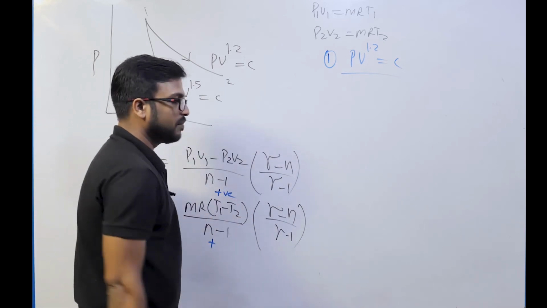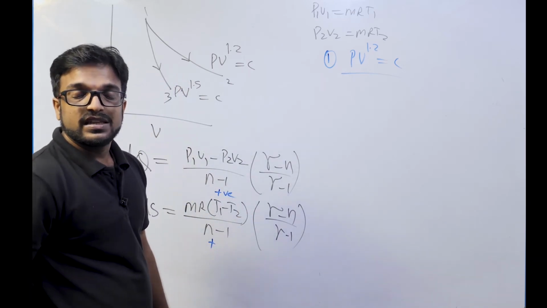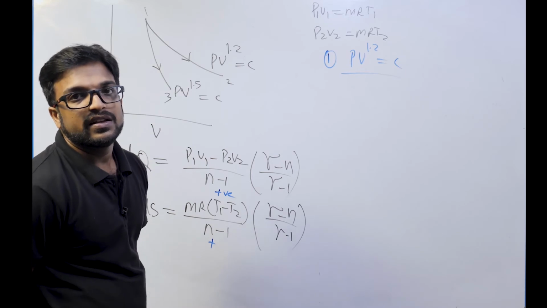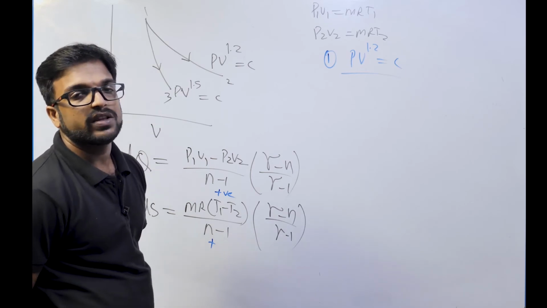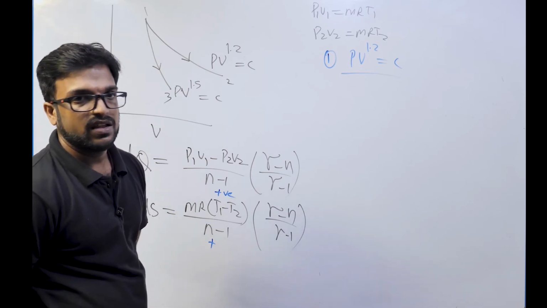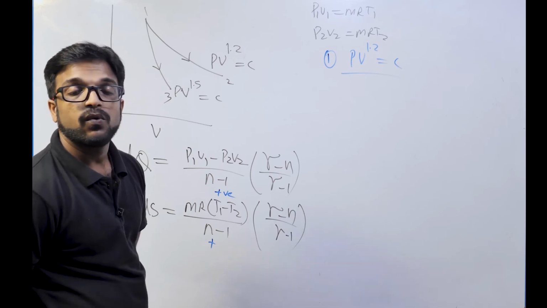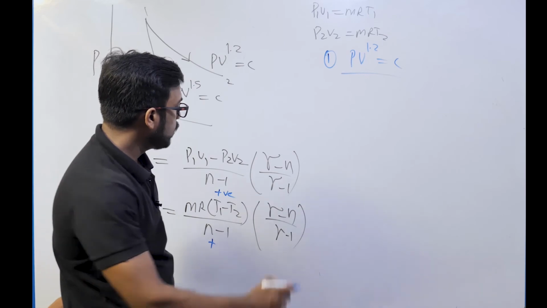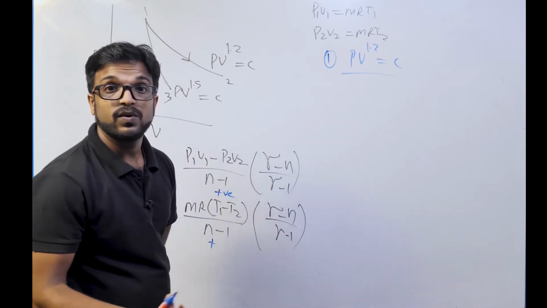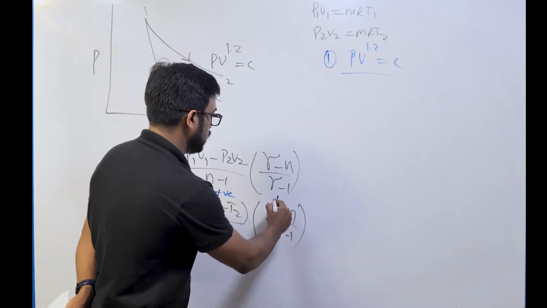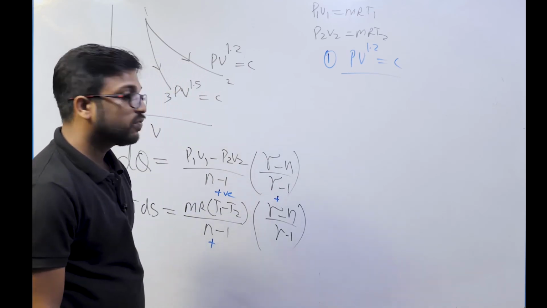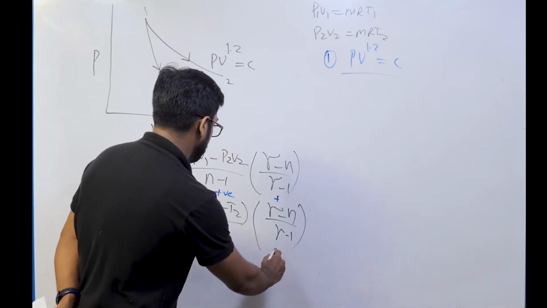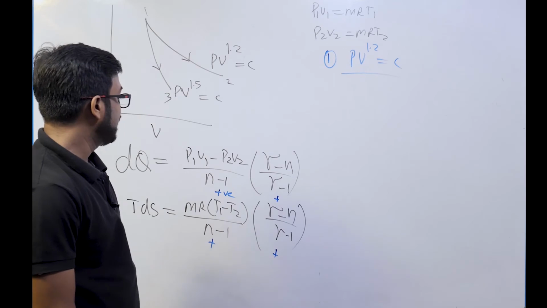Now comes gamma. In the question it is given which process is undergoing? Air is undergoing this process, right? For air, we know that gamma is nothing but 1.4. So 1.4 minus 1.2, what is that? Again, that is a positive quantity. What about 1.4 minus 1? That is also a positive quantity. So what are we getting?